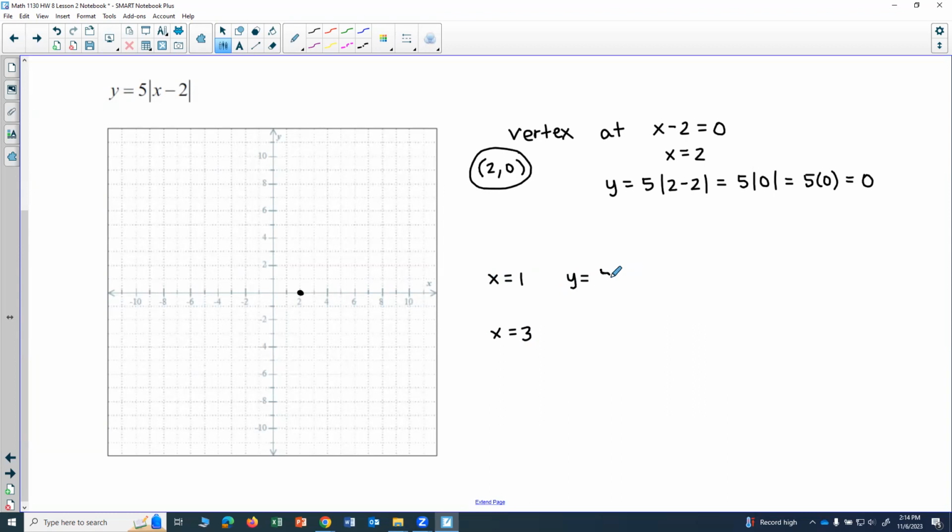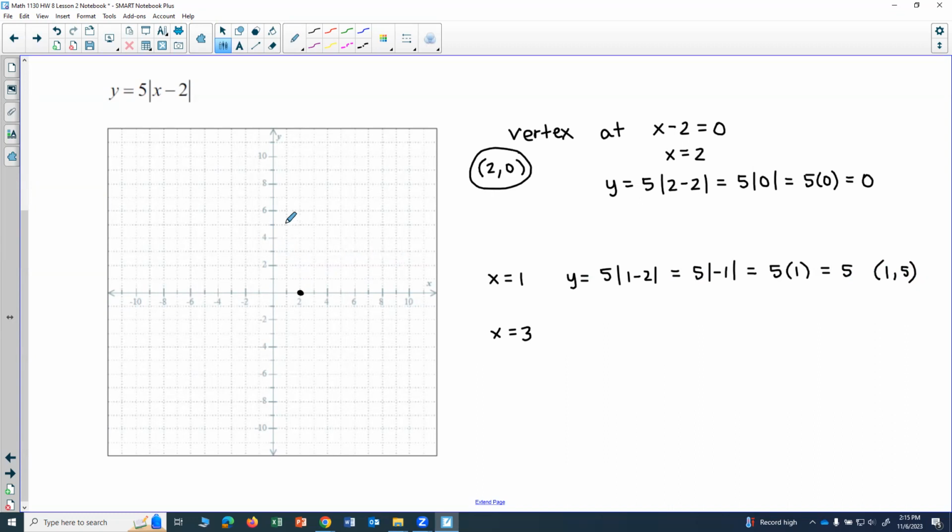So I get y equals 5 absolute value of 1 minus 2. 1 minus 2 is -1, so 5 times absolute value of -1. But an absolute value makes positive whatever is inside. So this would just be 5 times +1. So 5.